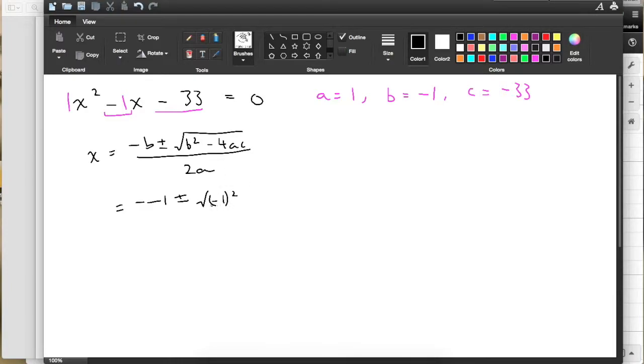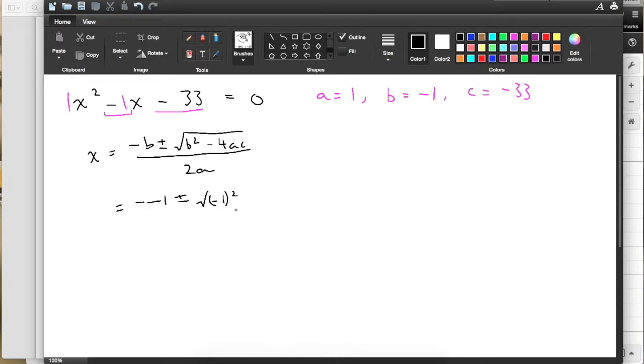The reason I wrote the negative 1 in brackets is because negative 1 times negative 1 gives you positive 1 because a negative times a negative is a positive. Sometimes if you type -1 squared into your calculator, it doesn't know whether you're doing the 1 squared and then negative of that or -1 times itself. So it's just good to specify and say that it's -1 times -1.